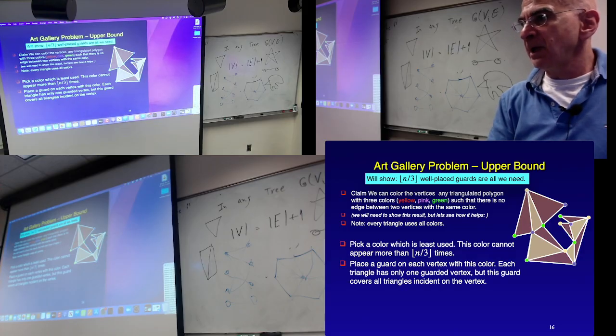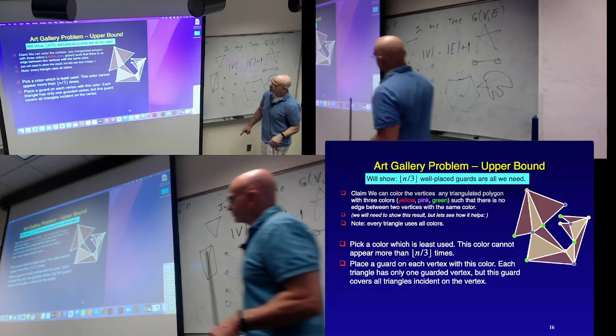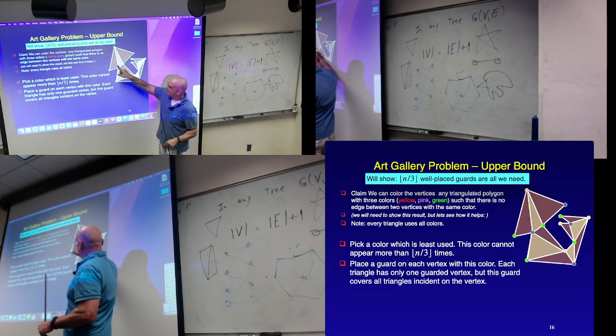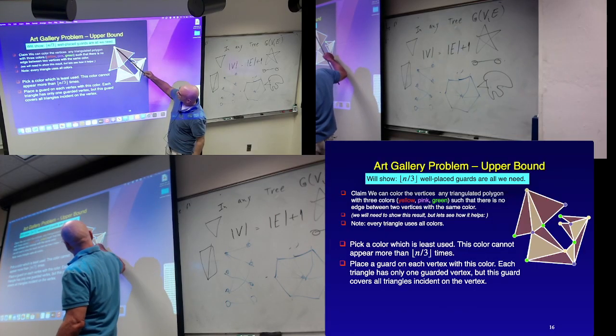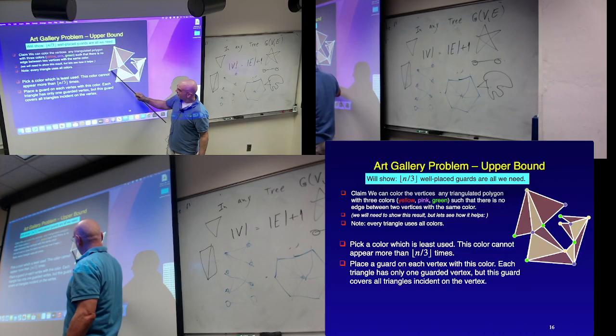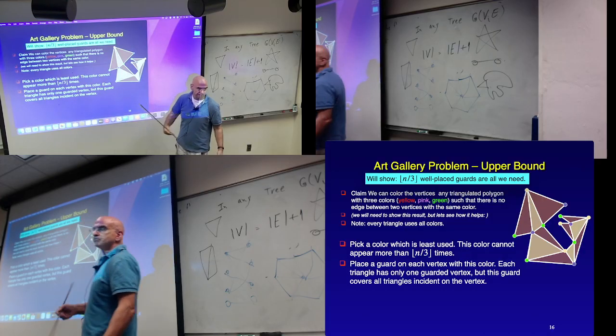Some of these vertices might be shared by many triangles, by the way. I can still assign a color to each vertex, such that for every triangle in the triangulation, you'll see one candidate of each color. Brown, purple, green for this triangle. Purple, green, brown for this triangle, and so on.